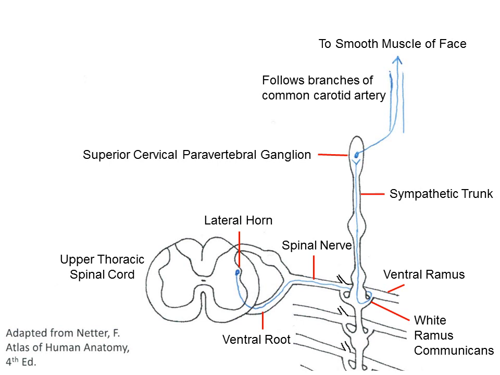The axon travels out the ventral root to the spinal nerve, to the ventral ramus, to the white ramus communicans, where it enters the sympathetic trunk and ascends within the trunk to get up to the superior cervical paravertebral ganglion. It synapses here on the postganglionic neuron, whose axon leaves the sympathetic trunk and follows branches of our common carotid artery up to the smooth muscle of the face.